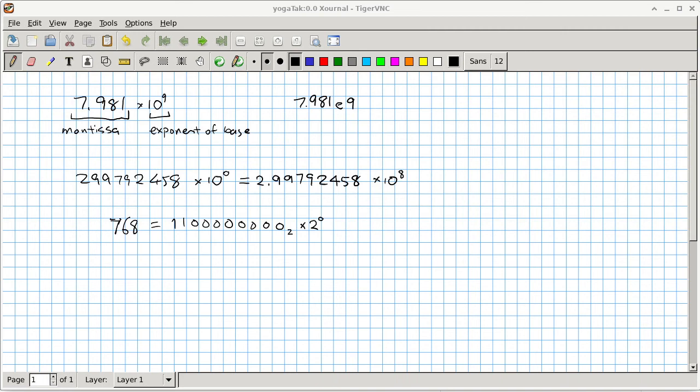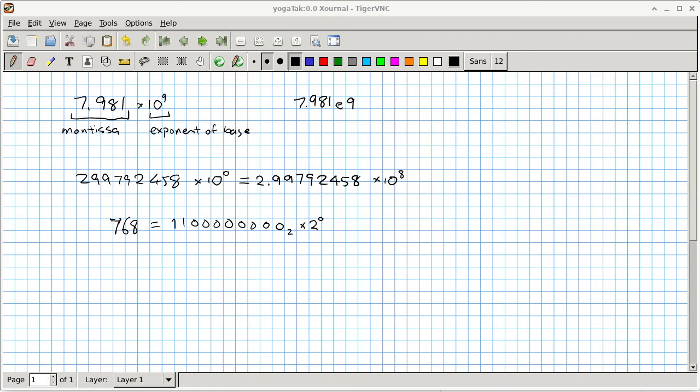Because in base 2, if I need a value that is between 1 and what we know as 2, we need the mantissa to be 1 point something. Is that still okay? Because in base 2, the value of 2 is 1, 0. So that's why we need the mantissa to be 1 point and then something.